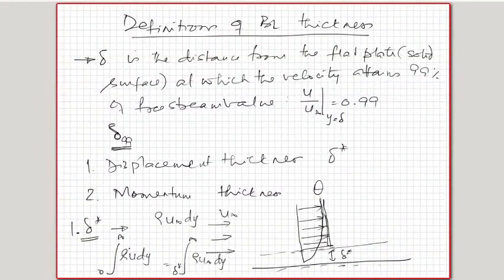Since we are dealing with constant density flows here, the rho can be removed. So the integral from 0 to infinity of u dy is the same as the integral from delta star to infinity of u infinity dy.